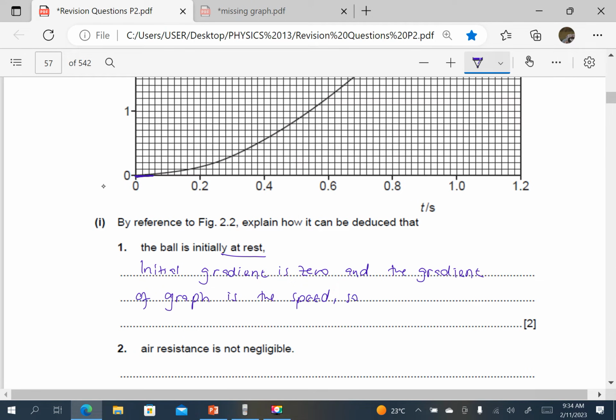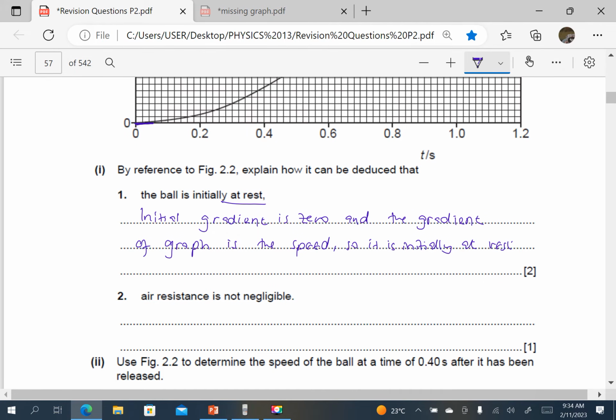So it is at rest. So it is initially at rest. Because the initial gradient is 0, and yet the gradient of the graph is the speed, it means it is initially at rest.